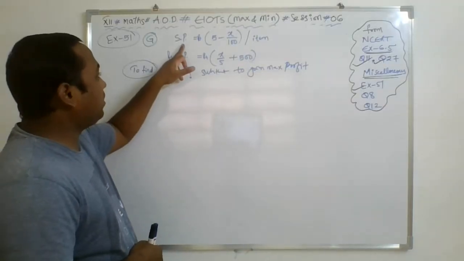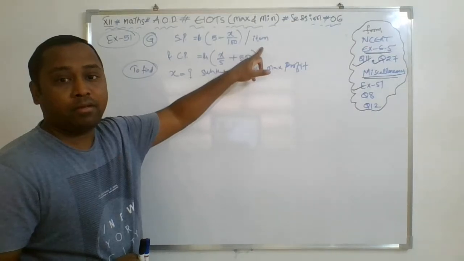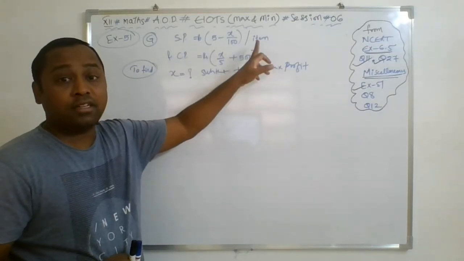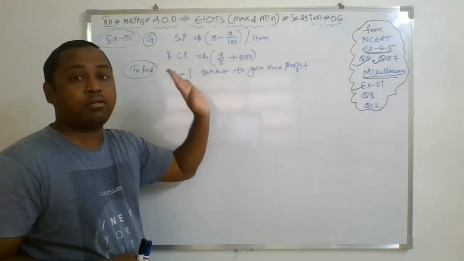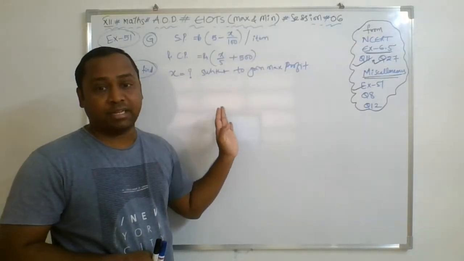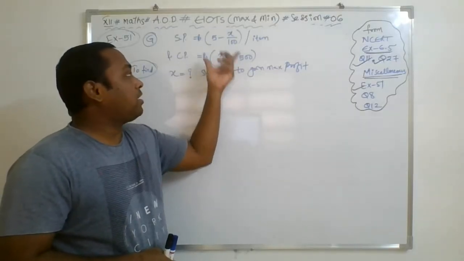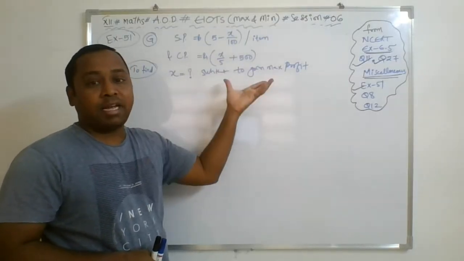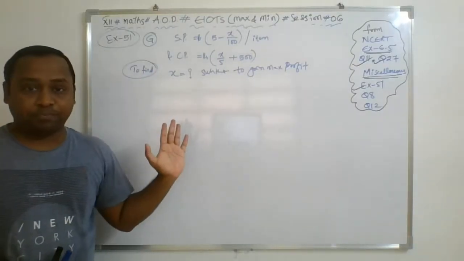See, selling price is given as rupees per item, not the total selling price. But cost price is given as the total cost price of X items. So if the student takes profit as selling price minus cost price directly, that is the biggest mistake the student is going to make.